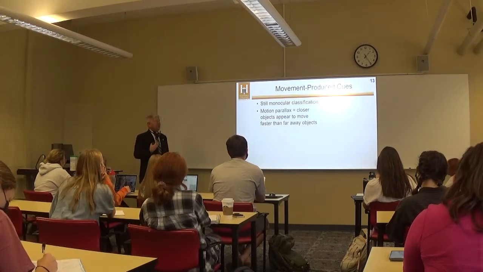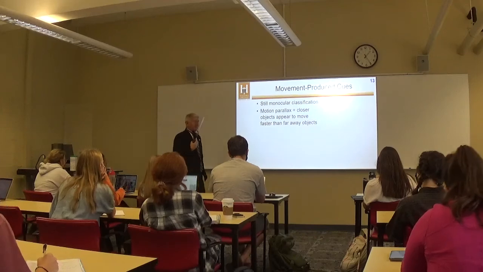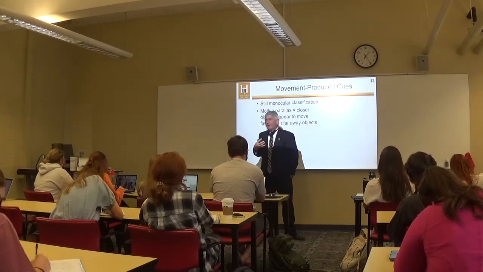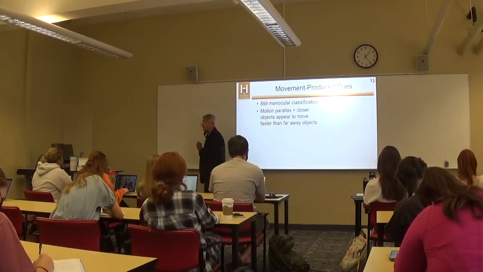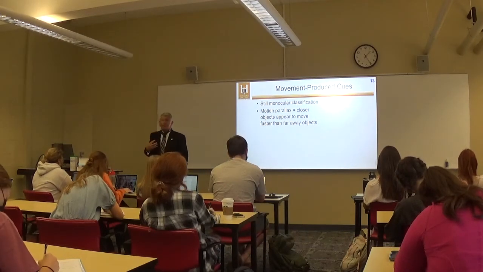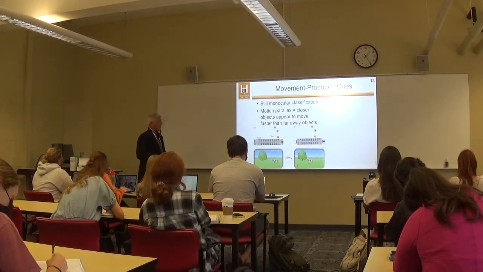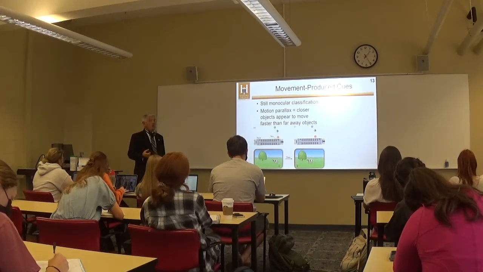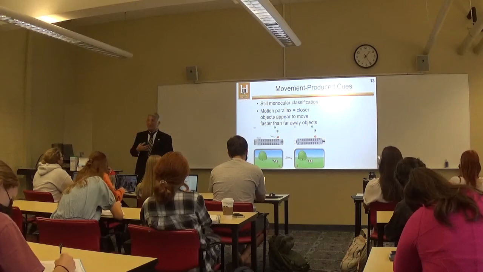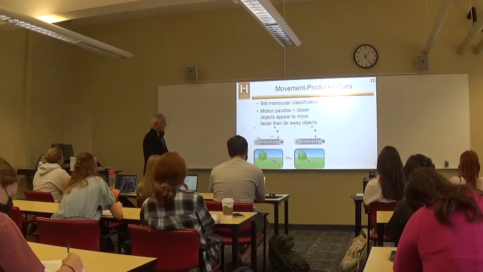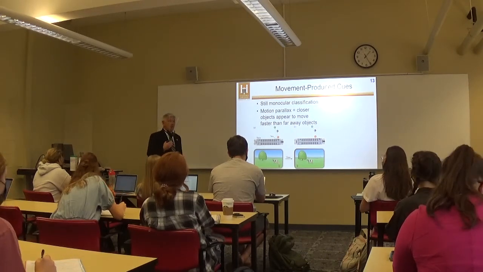We have motion-produced cues. I mentioned this, I think, last time. Motion parallax. The objects that are closer to us appear to move faster than objects that are far away, right? And so think about it. If you're in a train or more likely in a car, coming down the interstate, and you're looking at the farmhouse or the tree way over there, and then there's things closer to the road, right?